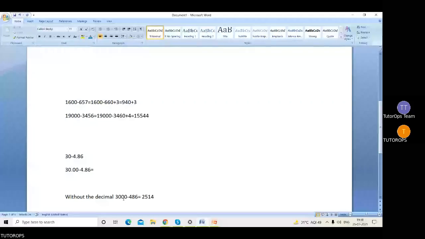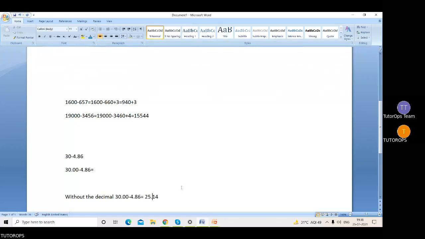But we had the decimal. We had the decimal 2 digits from the last. So we need to put it 2 digits from the last. Here, when we are taking 3000 from 30, we are basically converting from rupees to paisa.